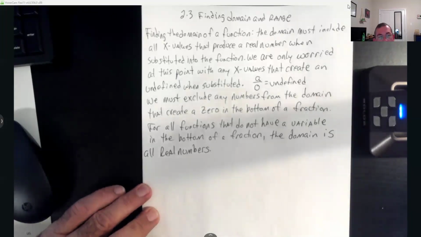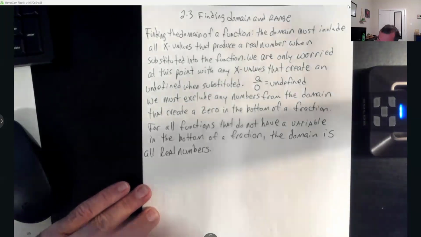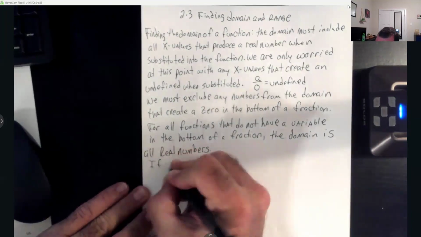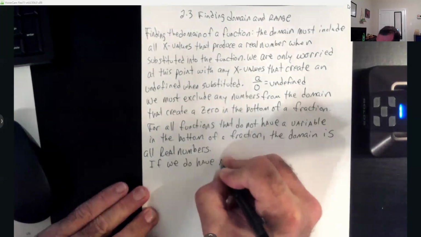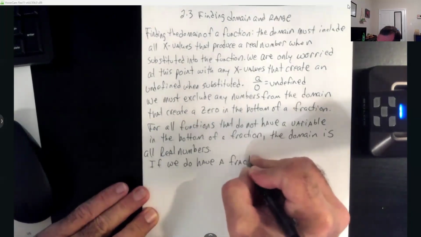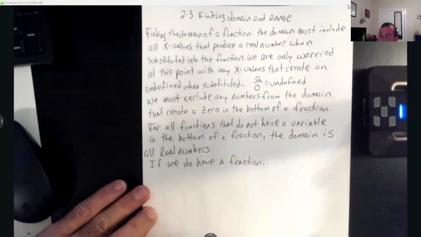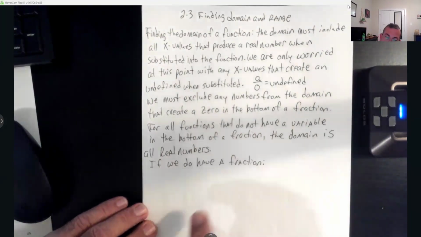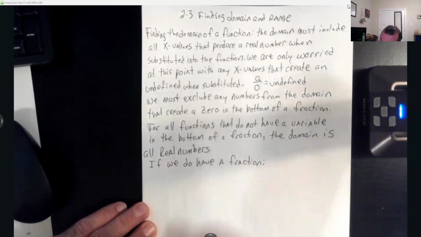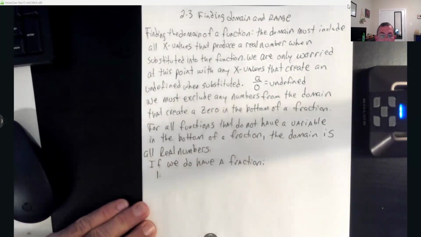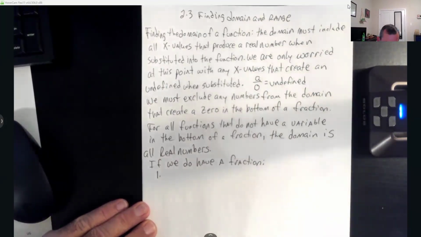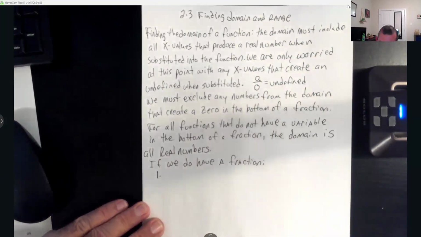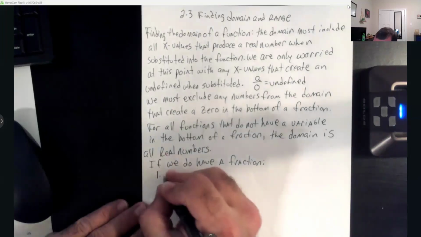Now, we got to do a few steps. If we do have a fraction, so if my function does contain a fraction, then here's what I need to do. Because I got to look for those numbers that might make that equal 0 in that bottom. So what we do, we set the denominator equal to 0.